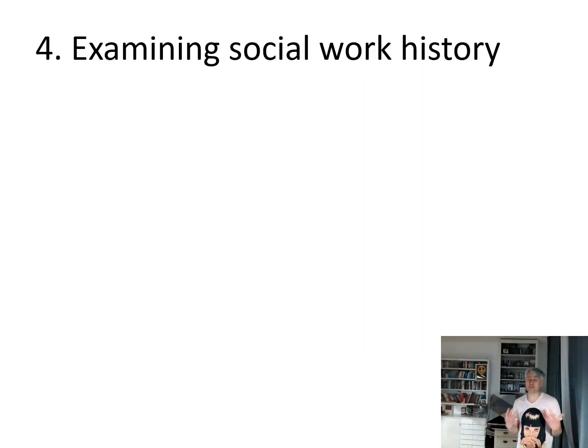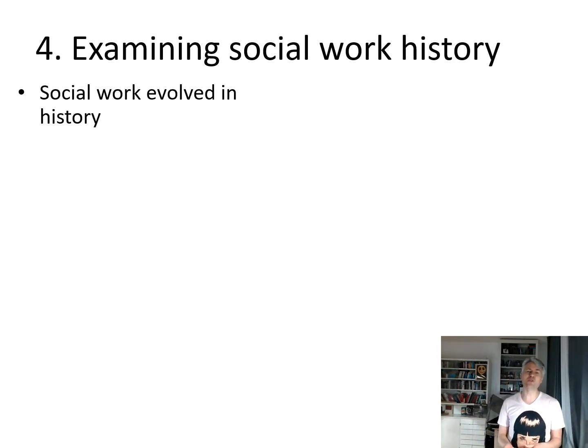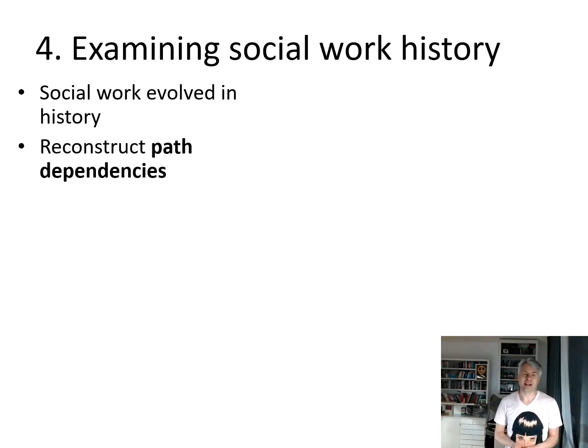A fourth different approach, and one that I touched upon in my last video, examining social work history. Social work evolved along with the history of the country which it was in. And if you look at social work history books, you can really reconstruct what we call path dependencies.